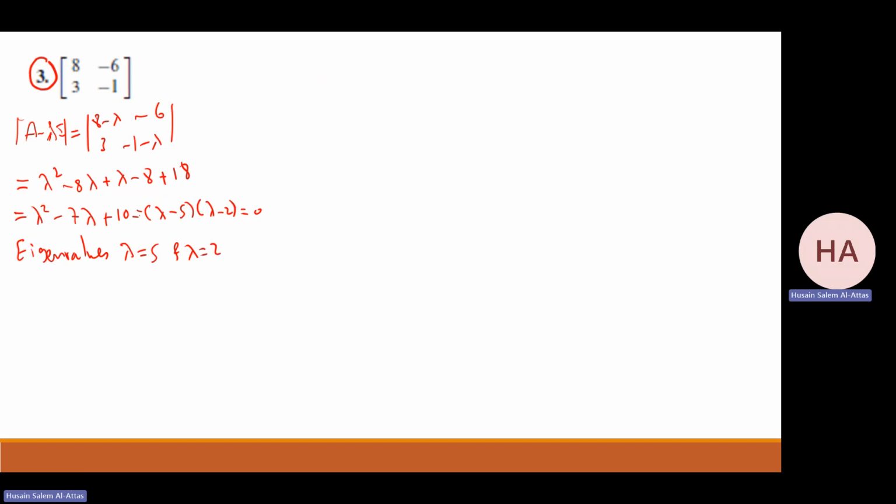These are the eigenvalues. Now for lambda equal 5, I need to find the eigenvectors. Let V1, K1, K2, and solve this. A minus lambda I, V1 equals 0. What you will get, 8 minus 5, that will be 3, minus 6. And 3, minus 1 minus 5 is minus 6.